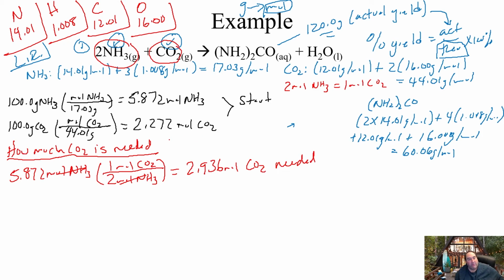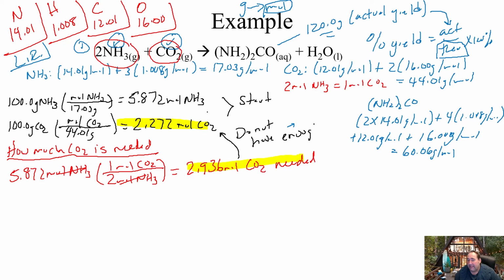All right, in this case, we're going to compare how many moles of CO2 are needed to how many moles of CO2 we start with. And it looks like not a good deal in the case of CO2. We need 2.9. We have about 2.2. Do not have enough.